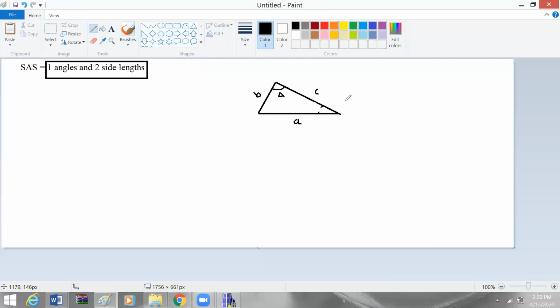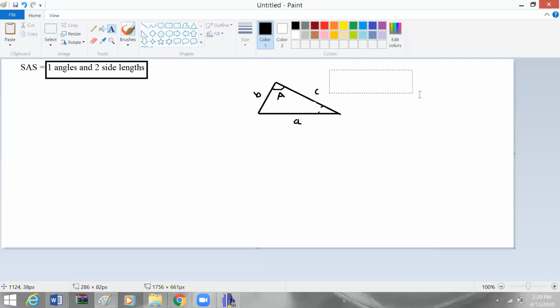So I want to look for A. The question is going to give us the corresponding angle A and two side lengths, and then we apply the cosine rule.